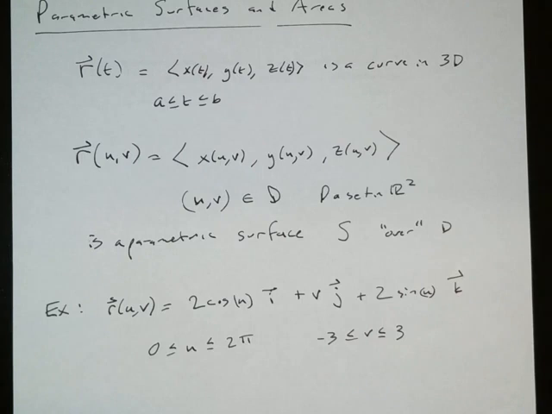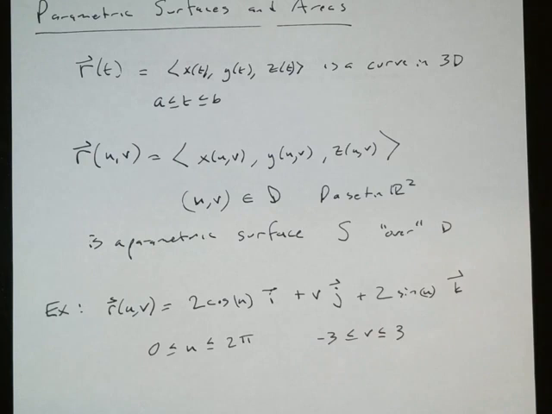Do you want to pick a value for u, or do you want to pick a value for v? We're going to do traces, just like we did when we fixed an x value or a y value or a z value. I'm going to fix a u value, fix a v value. You want to do u first or v first? So pick a value for u.